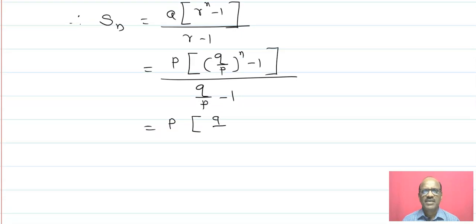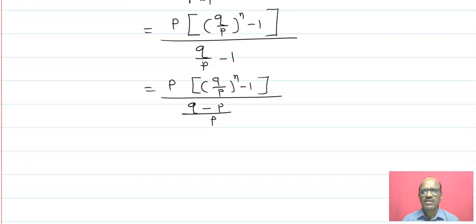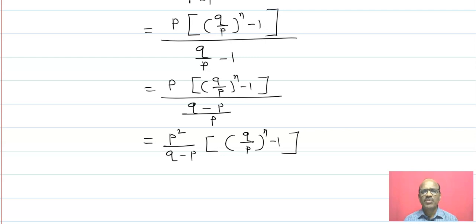Therefore, p in bracket q upon p bracket raised to n minus 1 upon q minus p upon p. Again by multiplying with the reciprocal, it becomes p square upon q minus p in square bracket q upon p bracket raised to n minus 1.